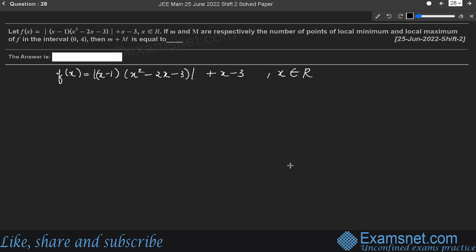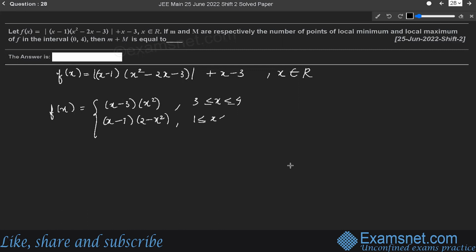So we can write it as f of x is equal to (x minus 3) into x square when x lies between 3 and 4. f of x is equal to (x minus 3) into (2 minus x square) when x lies between 1 and 3. And f of x is equal to (x minus 3) into x square when x lies between 0 and 1.